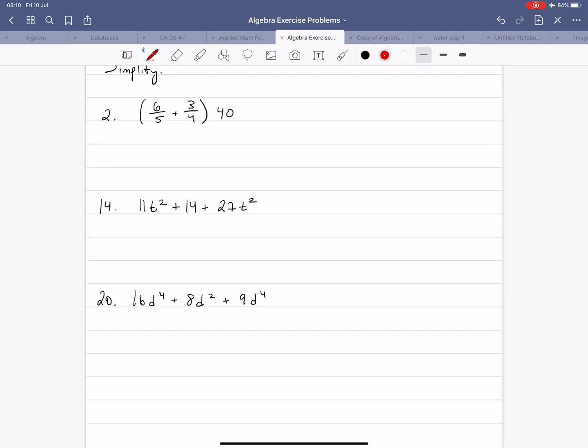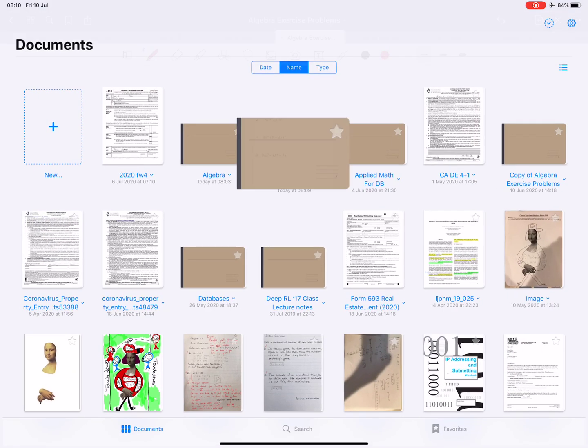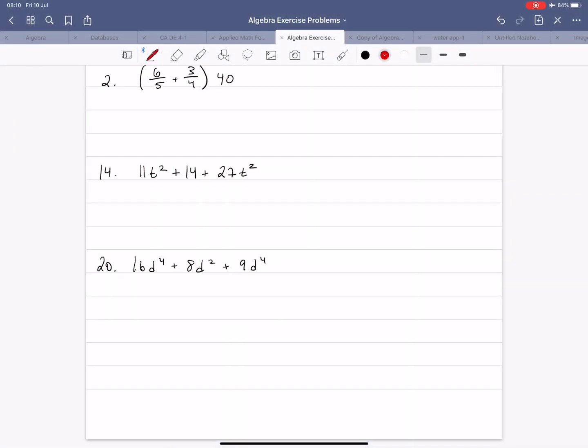So this is also asking us to simplify. And I'm going to do number 20 here, which has d to the fourth, and those can be combined together.